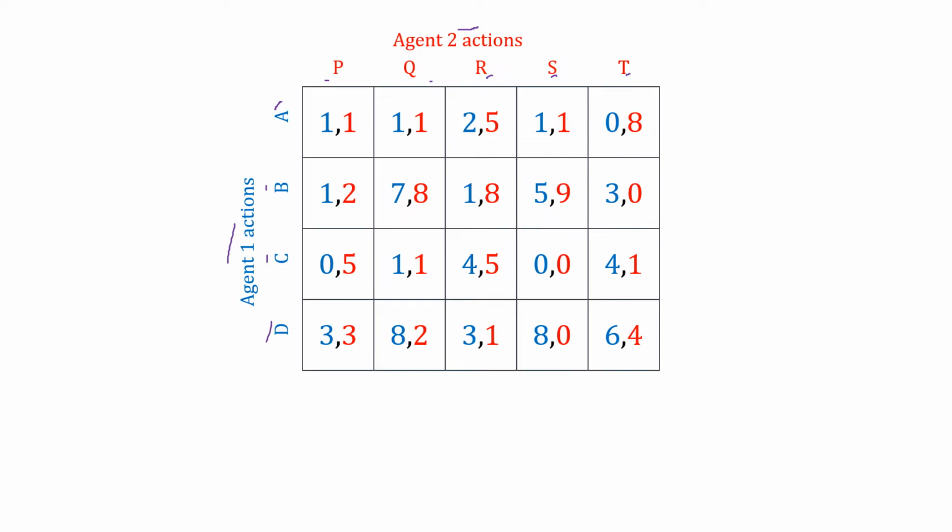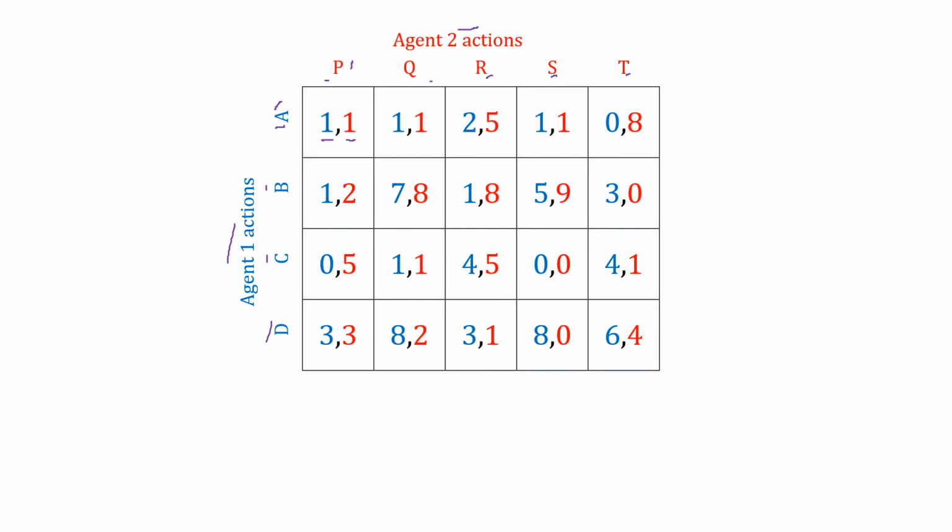So if agent 1 chooses A and agent 2 chooses P, then the reward of agent 1 is 1. It's in blue. Everything pertaining to agent 1 is in blue, and everything pertaining to agent 2 is in red. And so agent 2's payoff would be 1, 2.